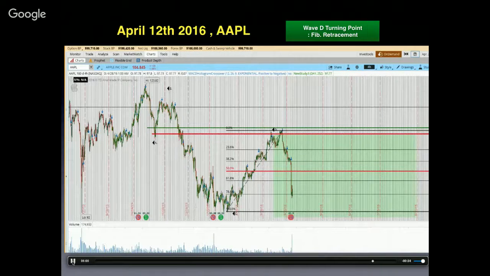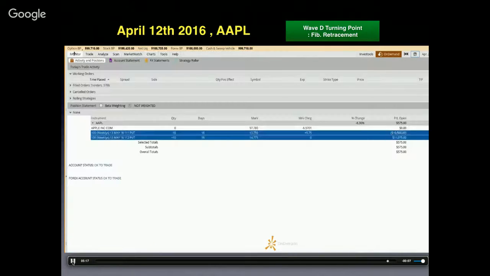In actuality, Apple breached the 50%, even 61.8%. It hit 78.6, because Apple was losing a lot of sales on its iPhone, and for that reason Apple dropped even more.